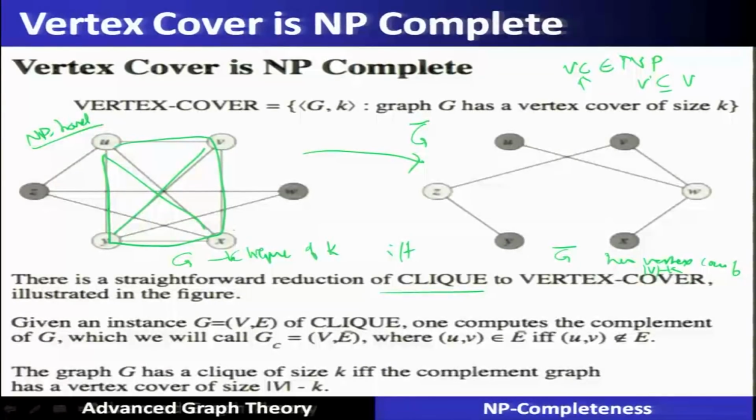The vertex cover will be of this particular size, and this is nothing but V minus k; if we take V minus k, the remaining vertices will be that vertex cover in the original graph.